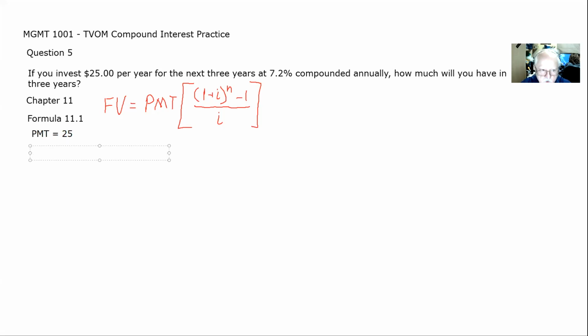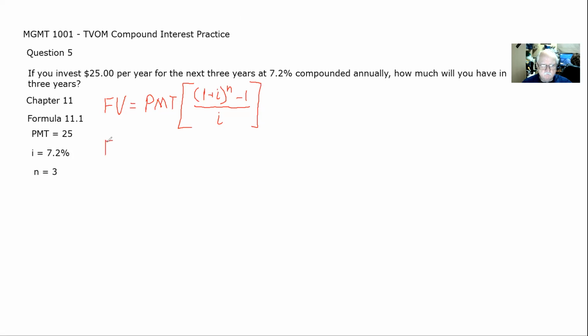We know I equals 7.2%. We know this money is invested for 3 years. N equals 3. That's the number of compounding periods. So, armed with that information, let's plug all that into this formula we have.